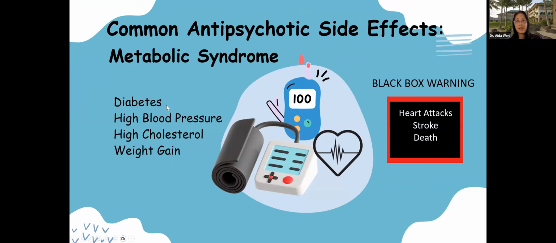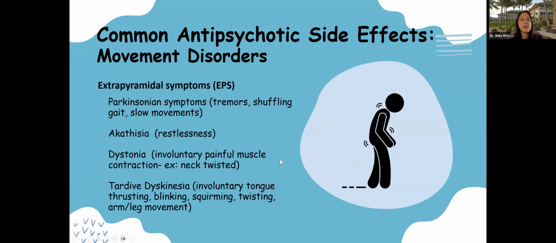Your sugars are a little bit out of control. High blood pressure, cholesterol starts climbing, and people start gaining weight. And there's a black box warning in the package insert for these medications that include things like heart attack, stroke, and death. So we really don't want to be giving these drugs long-term if we can help it.